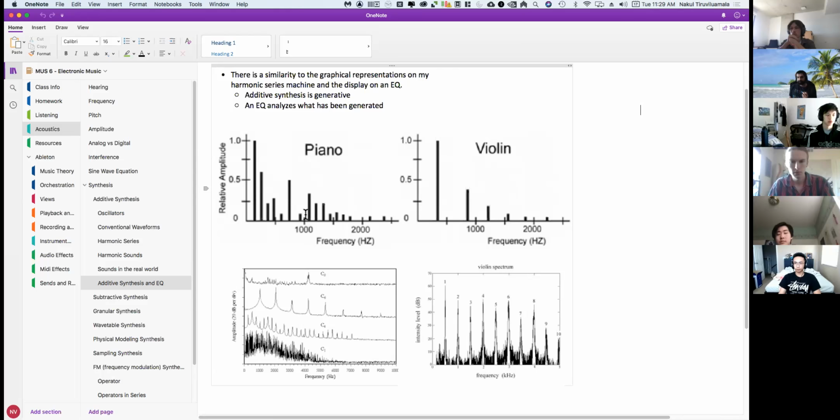It's a little more complicated than that, but approximately correct: you could apply these shapes to Operator, and you will get something that sounds somewhat like a piano. Similarly, if you want to create a violin sound, you can take these shapes and get something like a violin sound. It's not completely correct, but it's approximately correct.